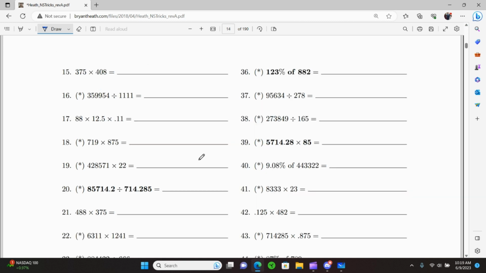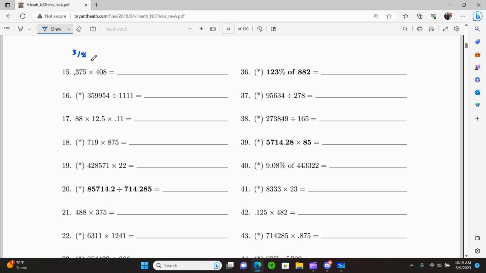Skipping down to number 15, going back to more multiplication. 375 times 408, I immediately notice that 375 is very similar to 3/8, which is 0.375. So to solve this, first, I'll divide 408 by 8. So you're asking yourself, how many 8s go into 408?